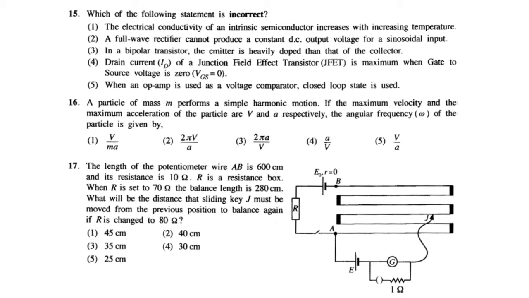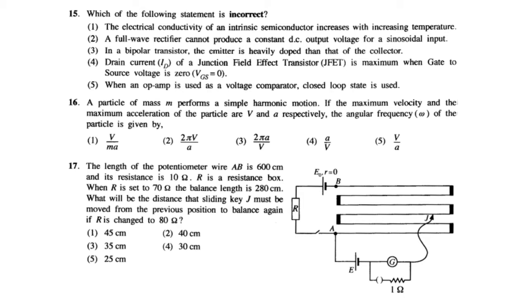Now you can see the cell with EMF E0 supplies current to the potentiometer circuit. The cell below the potentiometer wire AB has an EMF E, and that EMF is to be balanced by the potential difference given by the balance length.